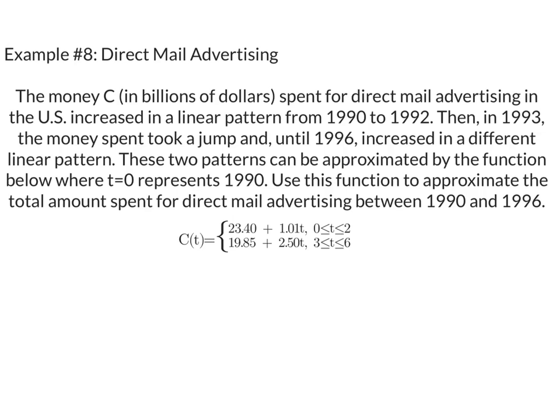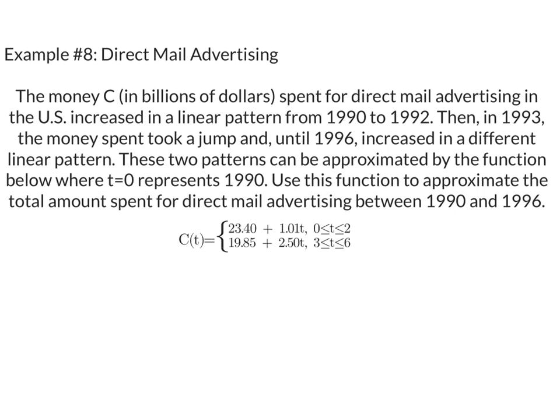Either way, we need to approximate how much is spent between 1990 and 1996. Remember, they tell you that t equals zero represents 1990. We've already dealt a little bit with piecewise functions, but we're going to continue to deal with them.